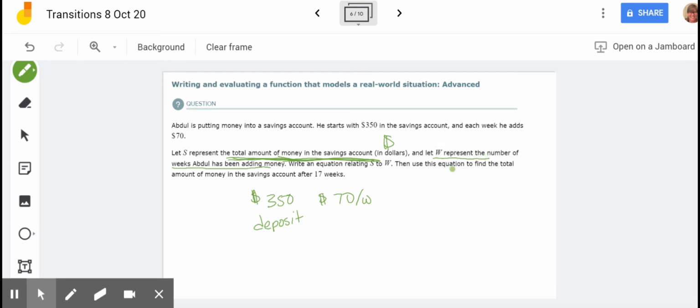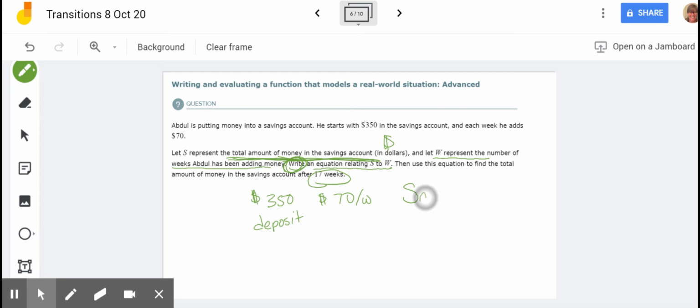Then use this equation to find the total amount of money in the savings account after 17 weeks. Oh, I was like, where did they tell us to write an equation? Here it is. Here's your verb. Write an equation relating S to W. What it's saying is write an equation about S. Okay, so you can think about this in words.